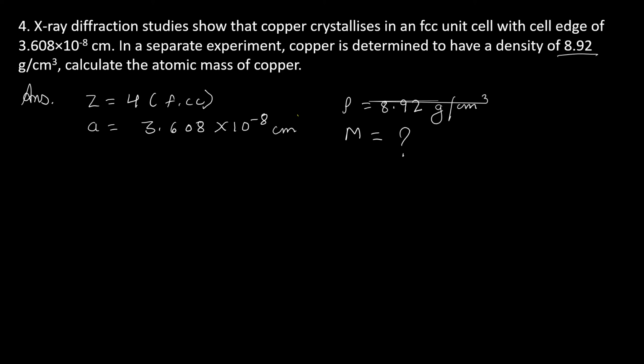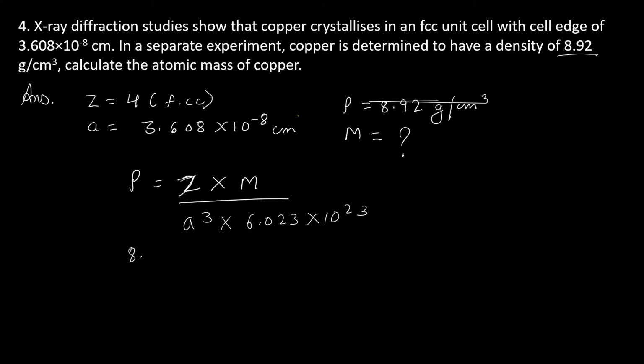Now in order to solve this problem, again density is equal to Z into M upon A cube into Avogadro number, 6.023 into 10 raised to power 23. Density 8.92 is given to you. Z is 4. M you have to calculate.